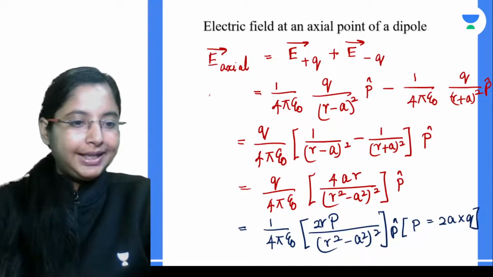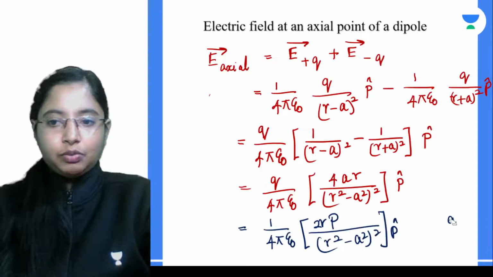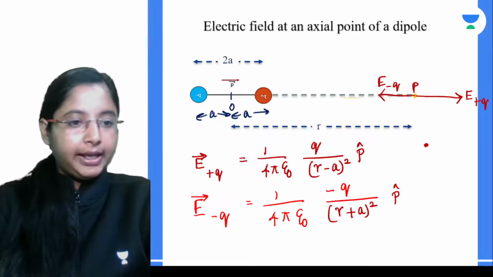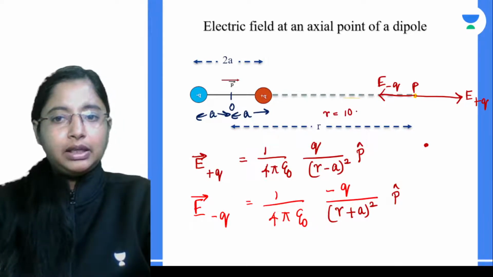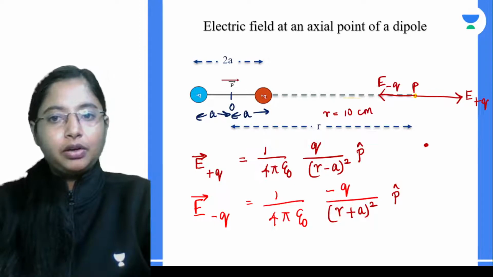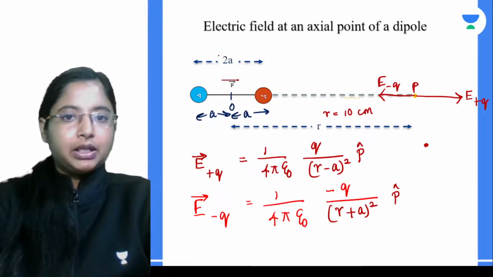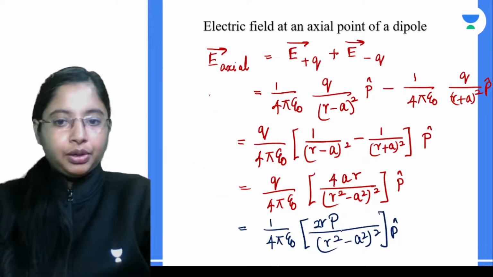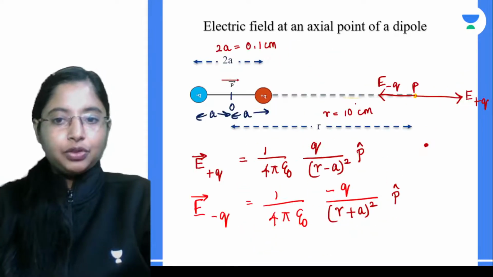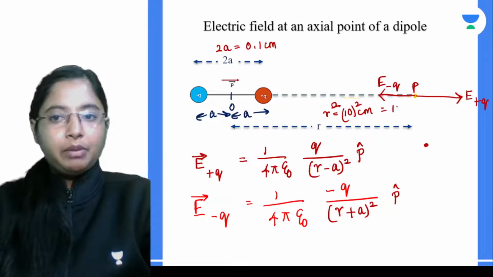Right, now let's say this distance is very, very small. For example, let's say R is equal to 10 centimeters, any unit, let's just take it as centimeter. Let's say this 2A, this distance over here, is equal to 0.1 centimeters. When you square R, 10 square will become 100.